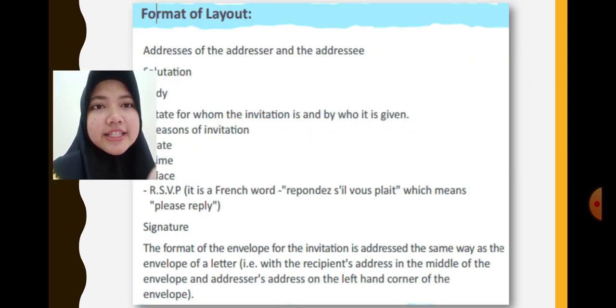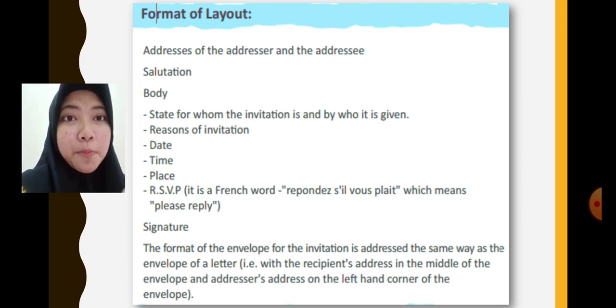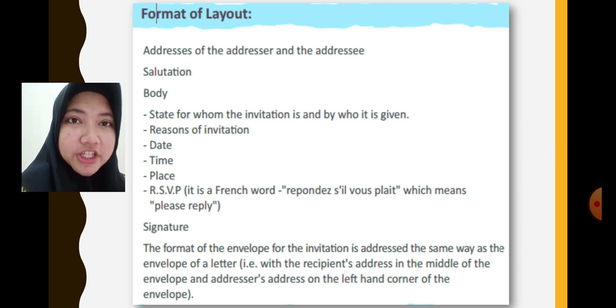And then this is the format of the layout. The first is the addresses of the addresser and the addressee. Then the salutation, the body, stating for whom the invitation is and by whom it is given, the reasons for the invitation, date, time, place, and RSVP.